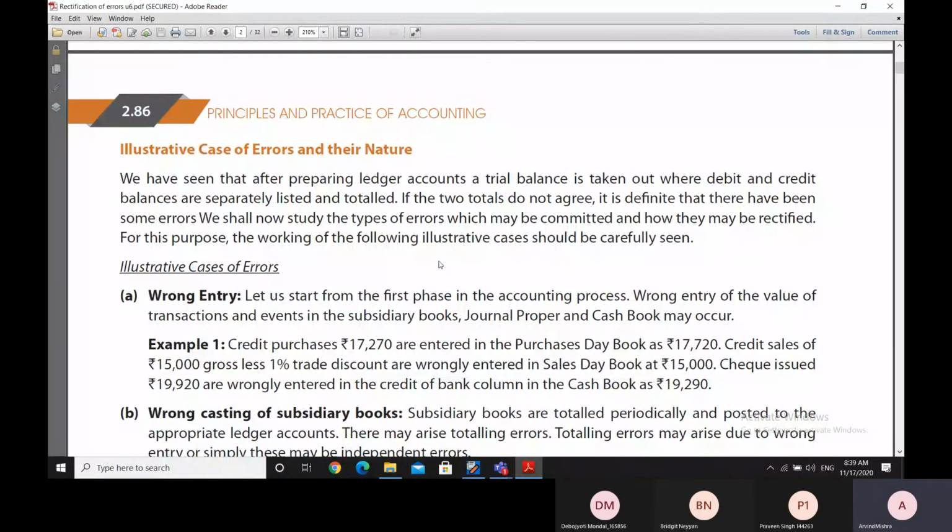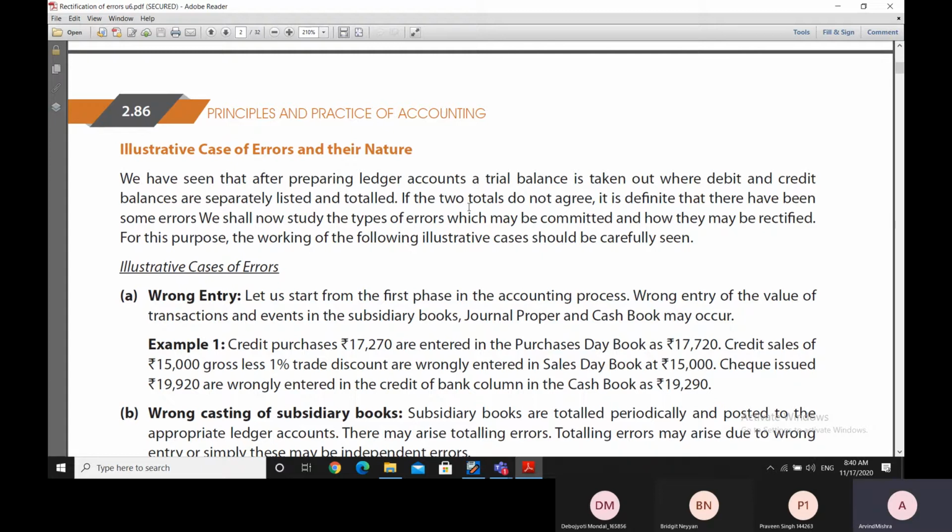Now let us see how errors may occur in the books of accounts. After preparing ledger accounts, we prepare the trial balance. Trial balance, as you know, is a statement of all the accounts that are there in the ledger with the debit balances or the credit balances written separately in the separate columns. So we list the debit balances of all the accounts and the credit balances of all the accounts, and then we total them.